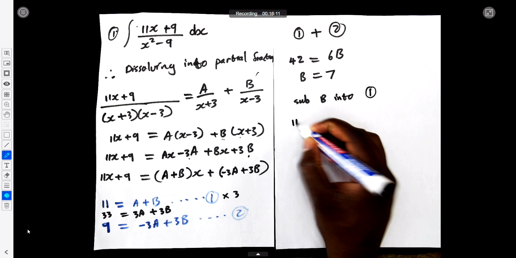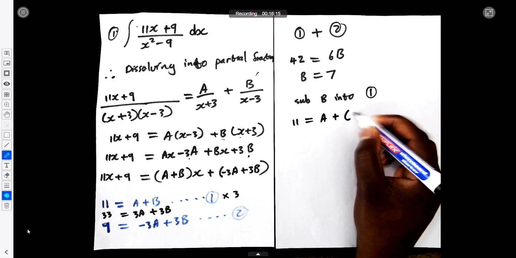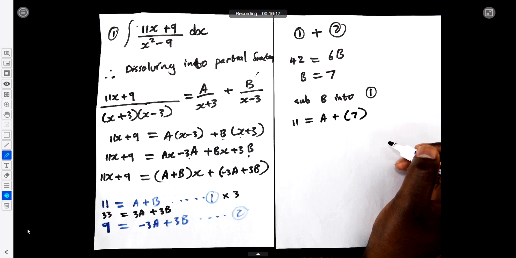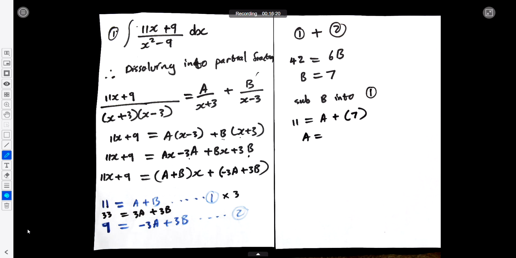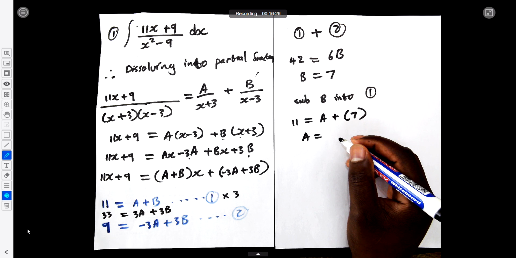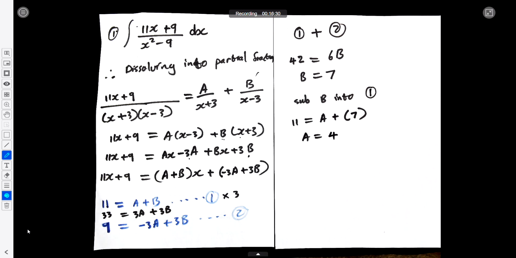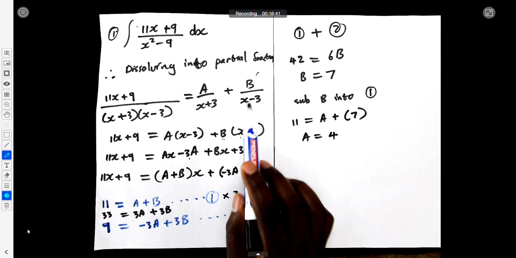So we know that we're going to have 11 equals a plus b, where b we have calculated, which is 7. Therefore, we can find now our variable a. So it's going to be subtracting. So 11 minus 7, it is 4. From there, we are done now determining the variables a and b.